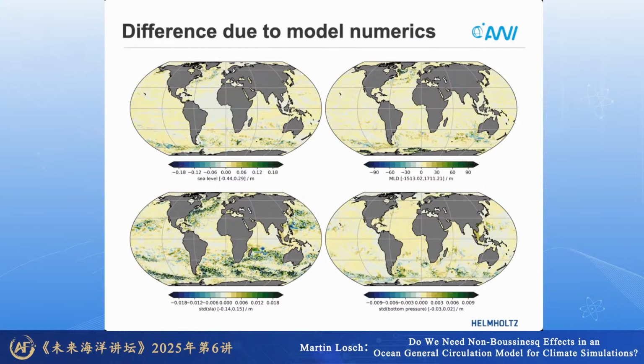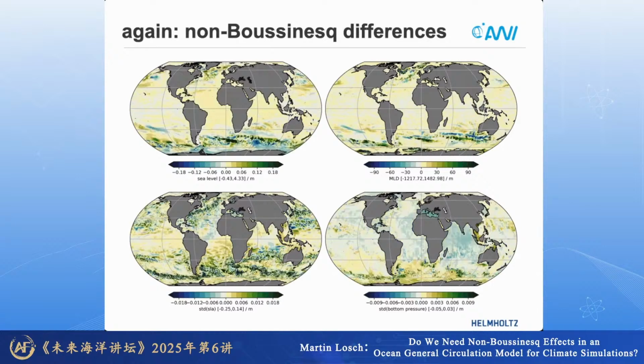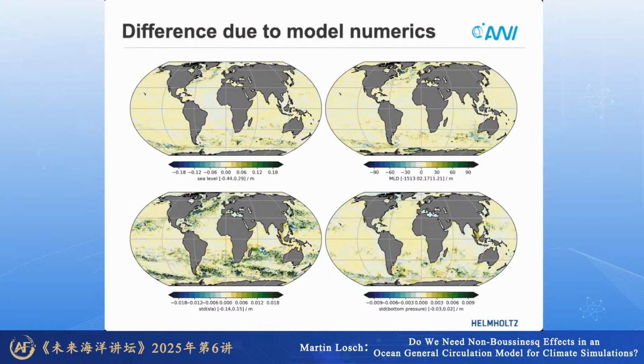I didn't add noise to the equation of state, but I changed the vertical discretization, or the way that the hydrostatic balance is integrated in the vertical, a little bit. Both are valid, but it also causes differences, and the differences are actually smaller now than the Boussinesq differences.